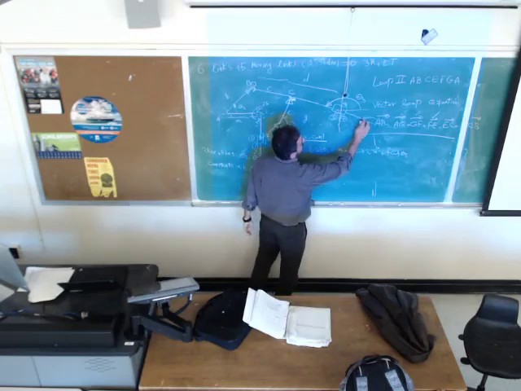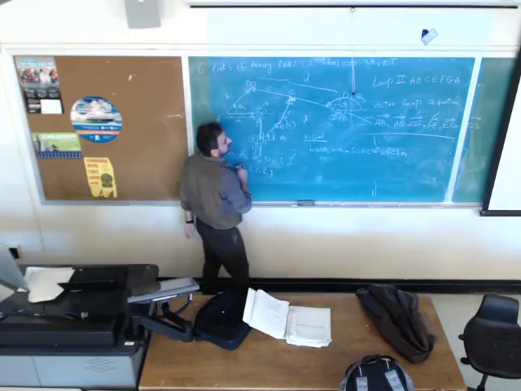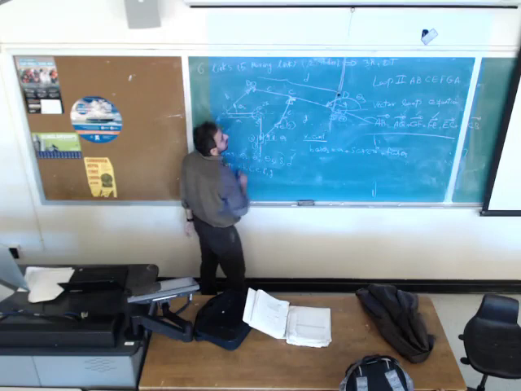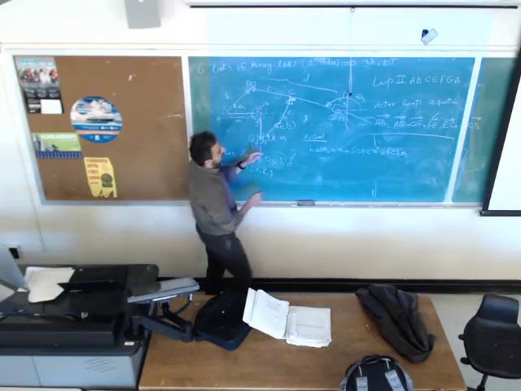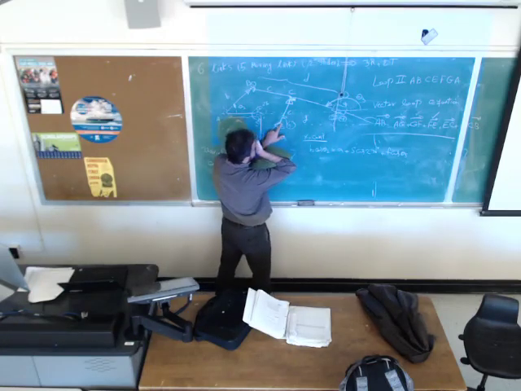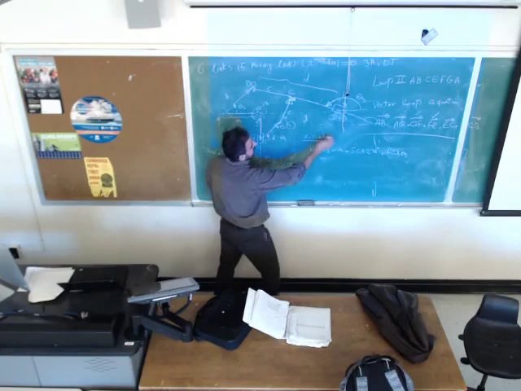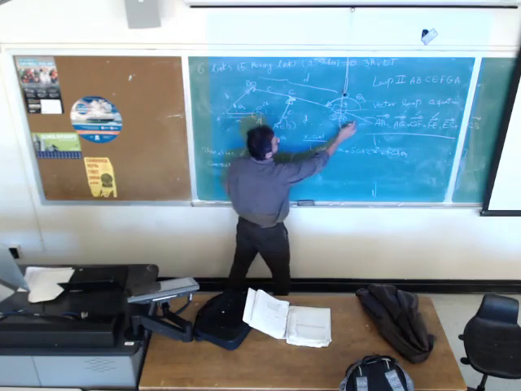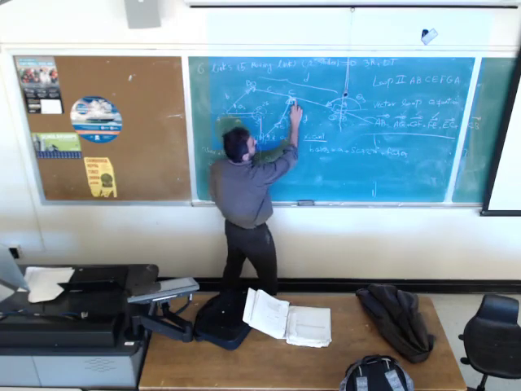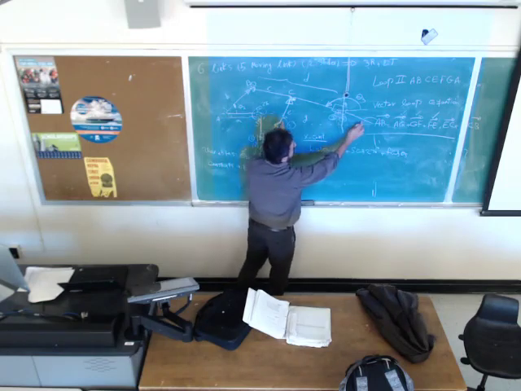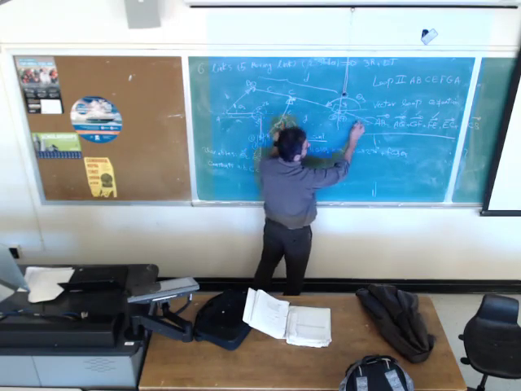This angle equals to this angle. The summation of these three is 180 degrees: 90 degrees plus this angle plus this is 180 degrees, and this is going to be 180 minus theta 3.